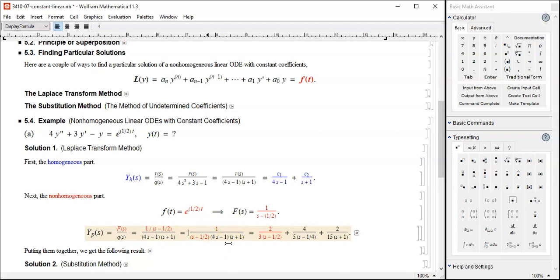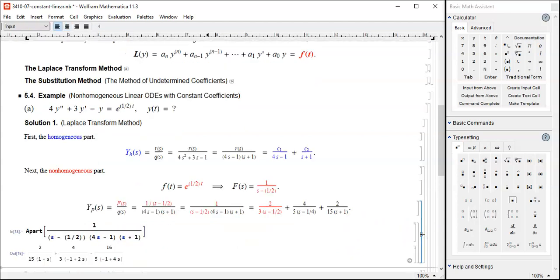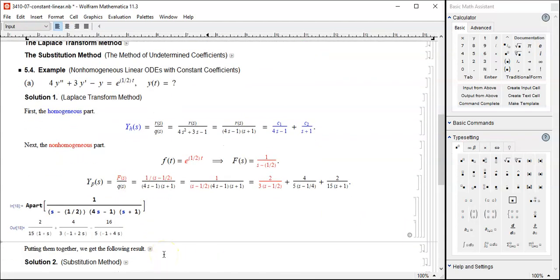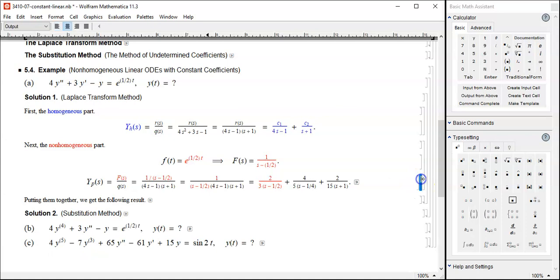And then you can run this decomposition by partial fraction. Yes, it's this one. These two are nothing new because they're going to be eaten up by these two.